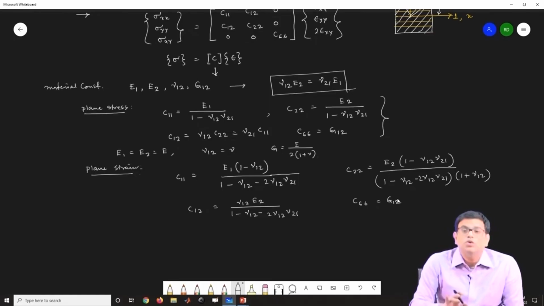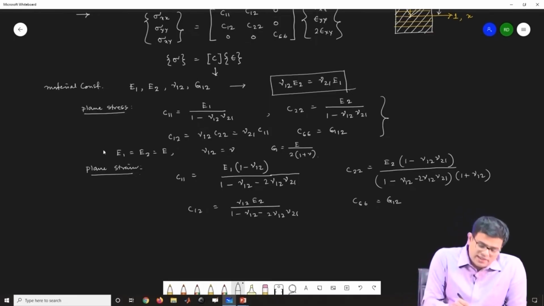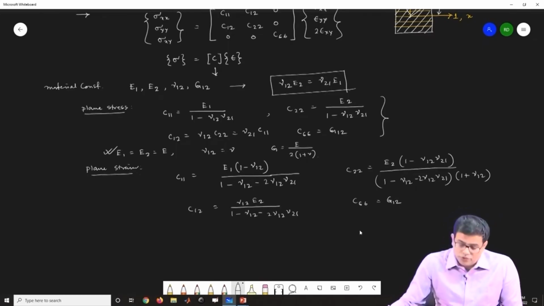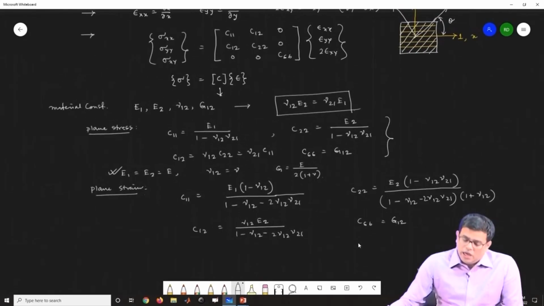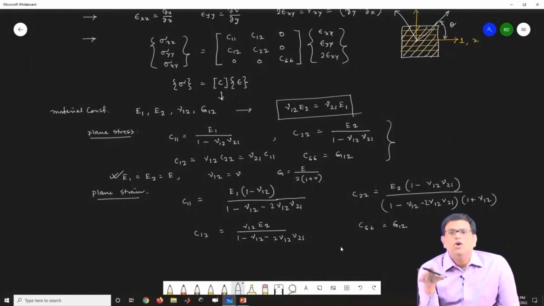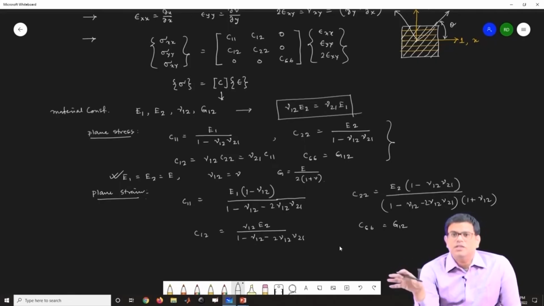Now if you substitute the isotropic case, then you will get the isotropic plane stress and plane strain constitutive equations. So the essential quantities we have now defined. We have the stress strain relationship, we have kinematics, that is displacements and strains.